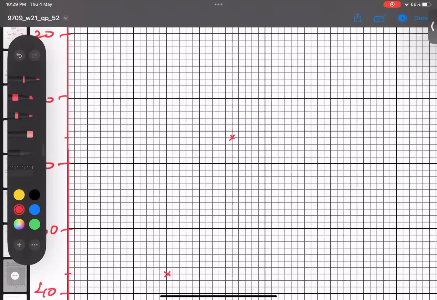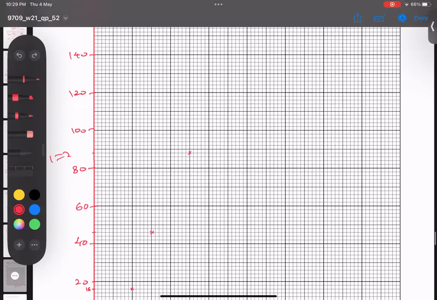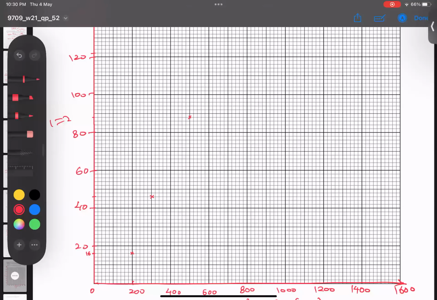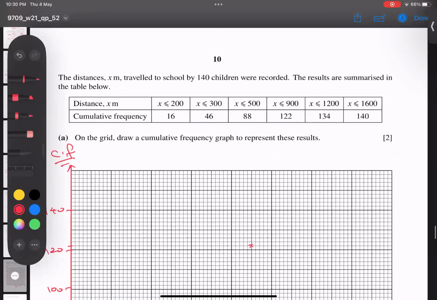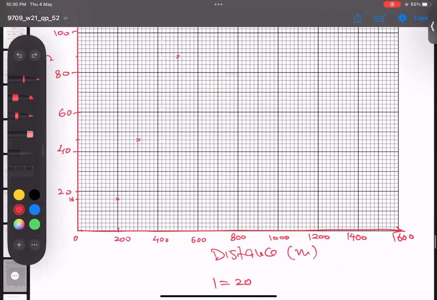Okay. And then afterwards, 900 and 122. So one box above 122 and 900. So this is plotted, I think, done. Then 1200 and 134. 134 is where? 130 is here, and two boxes above. 134 is this line, and 1200.